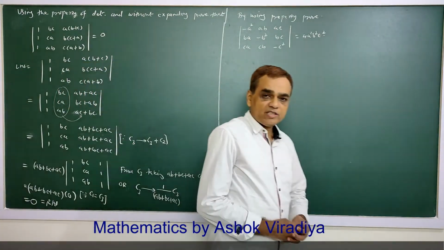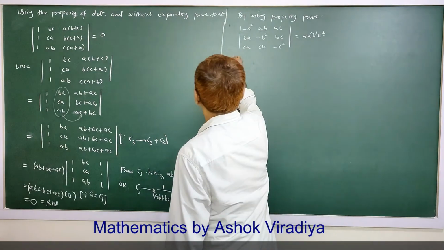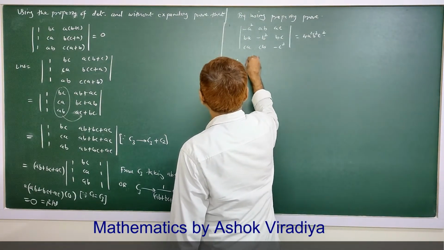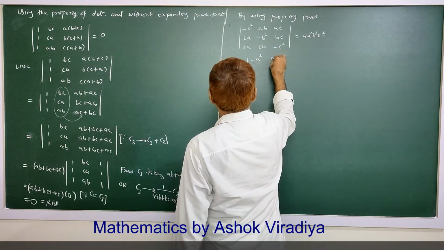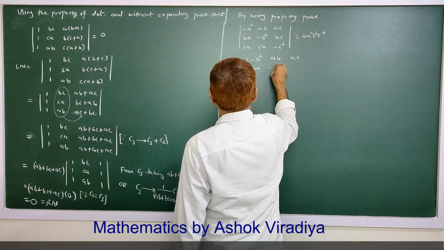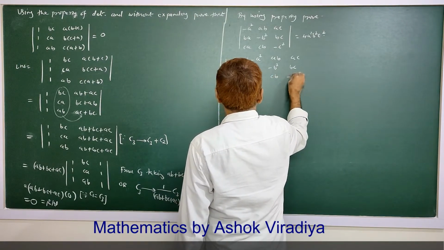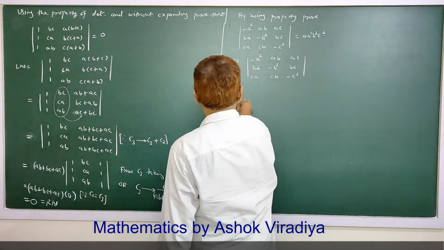Now in this question, beginning from left hand side, left hand side is minus a square, ab, ac; ba, minus b square, bc; ca, cb, minus c square.